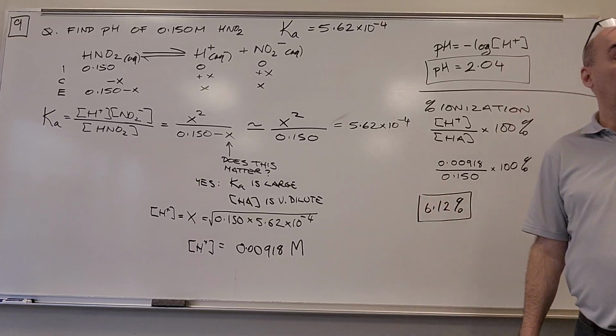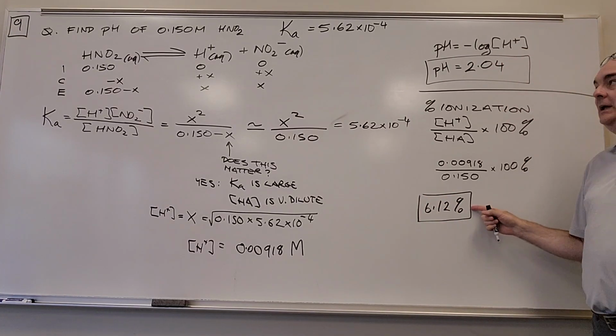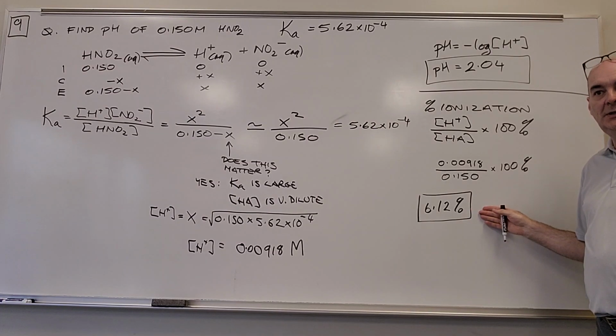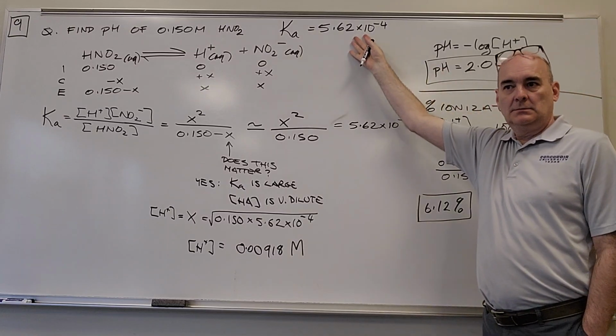Which is kind of what we expect. Weak acids probably have single digit ionizations.